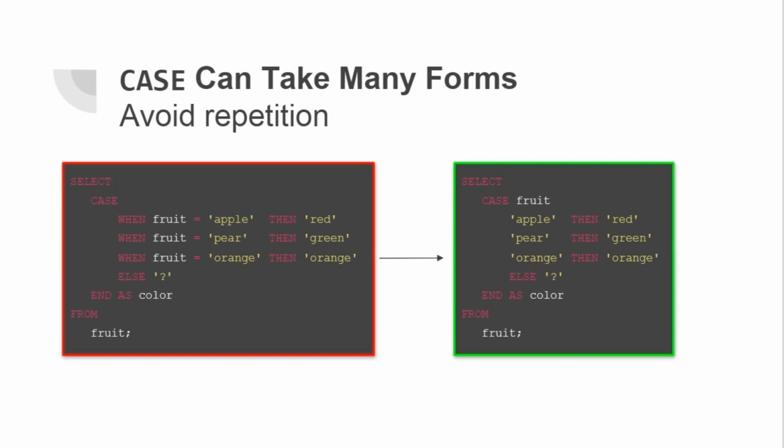When fruit equals pear, then green, and so on. This is a lot of repetition. Fruit equals, fruit equals, fruit equals. Case has a nicer syntax, more similar to switch case, if you are familiar with it. You can do case fruit, and then when apple, then, when pear, then, and you get the same result. This is actually a pretty nice syntax, and I'm using it for stuff like that.